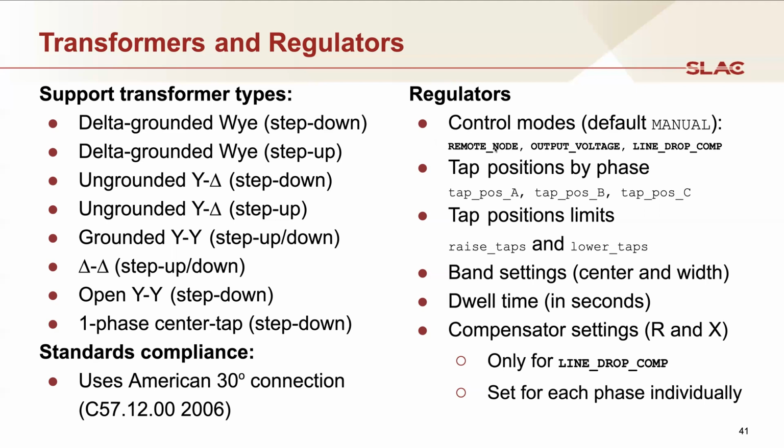And then based on the status of that node, the regulator will change its state. And then, of course, 2 other control modes: output voltage, which is the output of the regulator itself, and then line drop compensation. When you're using line drop compensation, you do need to provide additional information for the line drop compensation calculations.